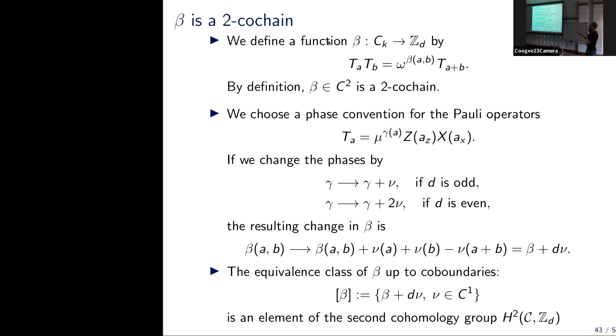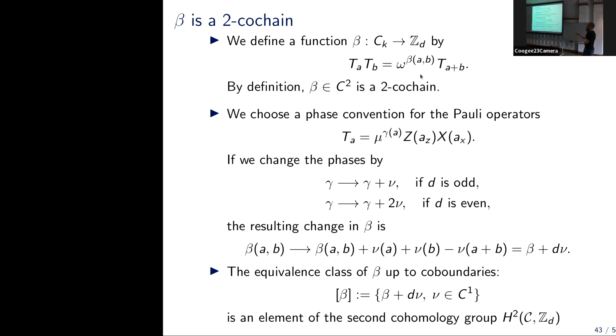It's defined by this relation here. Whenever you have 2 Pauli operators which commute, TA times TB is going to be proportional to TA plus B up to some phase. So we define this function beta, which just keeps track of the extra phases that you pick up. By definition, this is a 2 cochain.